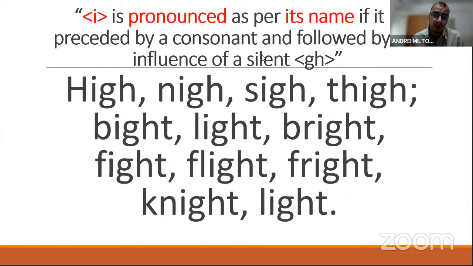What is the name of this letter? It's I, right? So you need to pronounce all these three as if it is I. Obviously, we do not pronounce the GH, but it marks the long sound of the previous vowel. So it's high, nigh, sigh, thigh, right? Light, bright, flight. Very good. Got it, no? I think you got it, right?